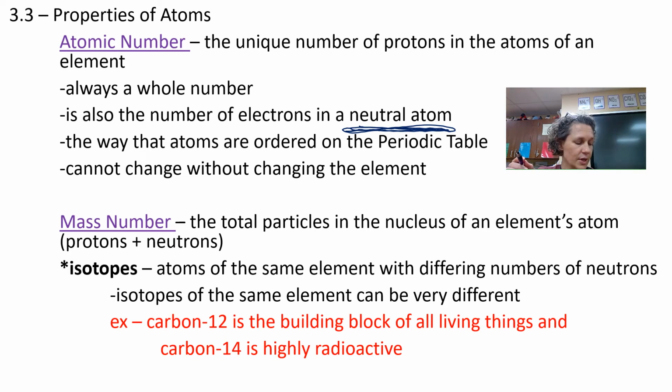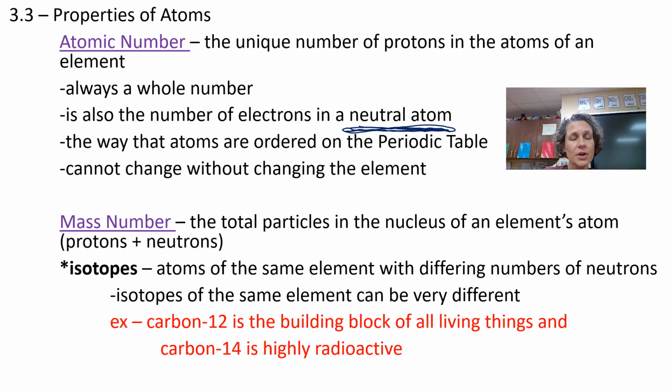Now, mass number is the total particles in the nucleus, and so this includes the protons and the neutrons. So you're adding 2 things together to get the mass number. This leads us to the concept of isotopes. Atoms of the same element can have a different number of neutrons.